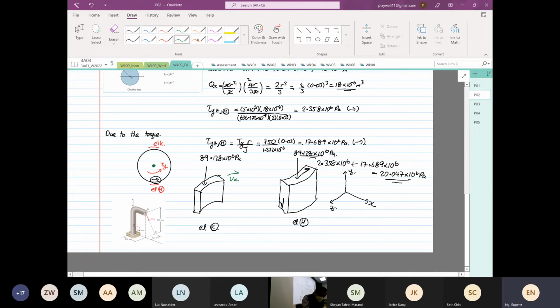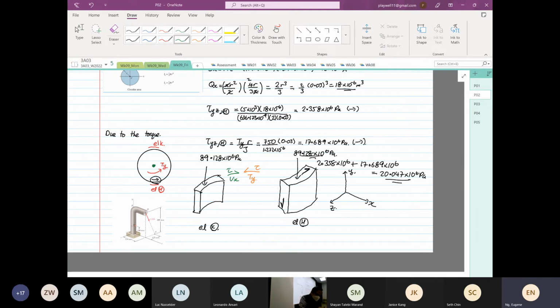But the torque is inducing the opposite direction. So this is your Ty, right? Due to your Ty, and then your shear due to your Vx. So the resultant depends on who is bigger.